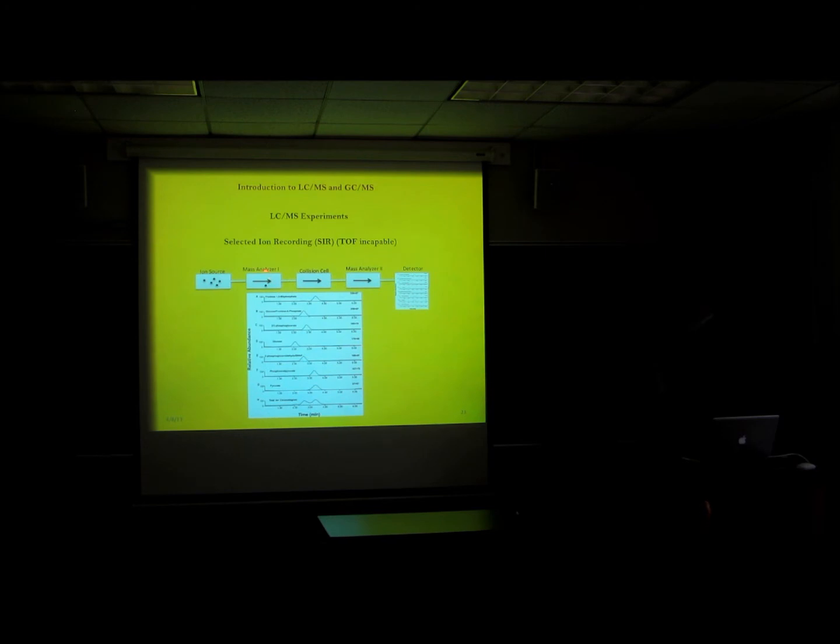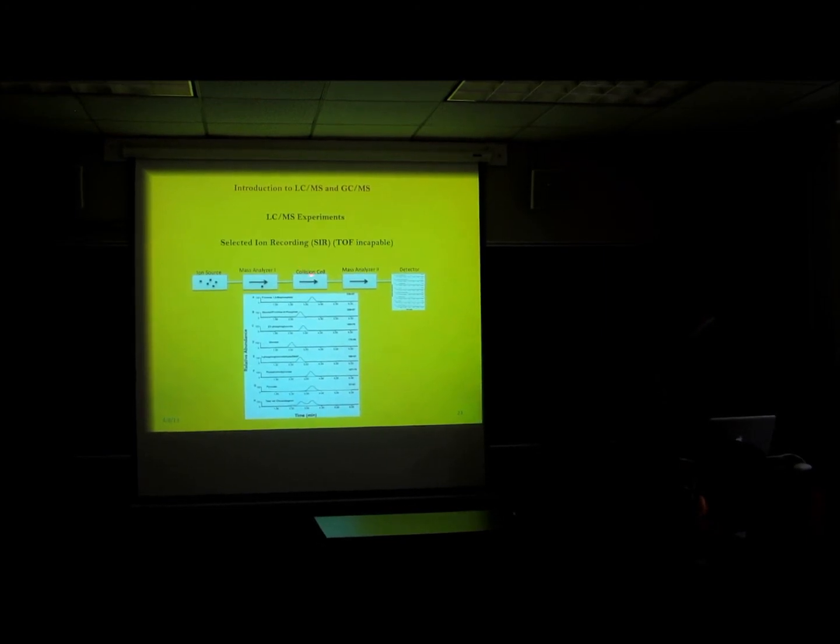We set up both mass analyzer 1 and mass analyzer 2 as mass-specific filters. So we say only allow through M/Z 185 for 2,3-phosphoglycerate here. So you set your RF frequency and your DC voltage such that only M/Z 185 can get through. Everything else hits the walls of the mass analyzer. Open up your collision cell.